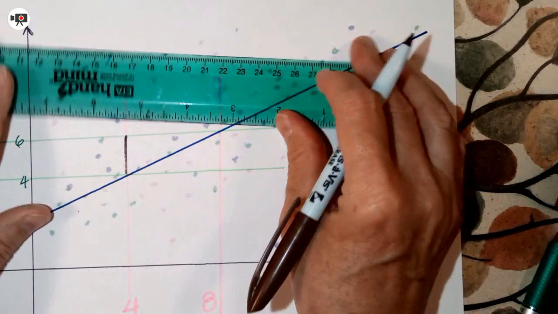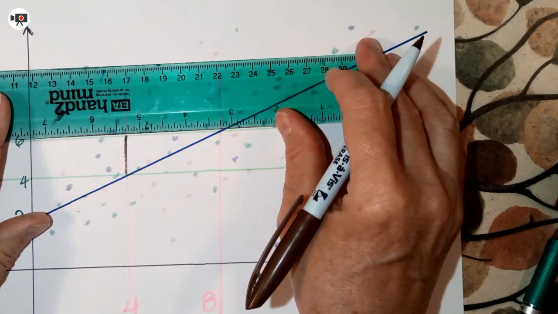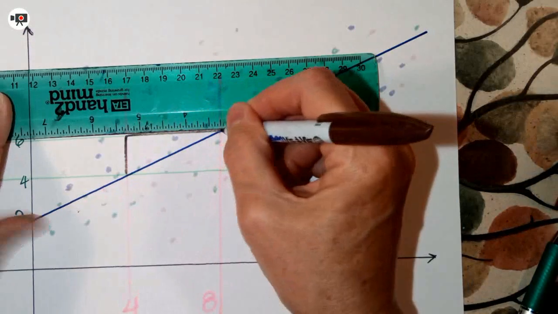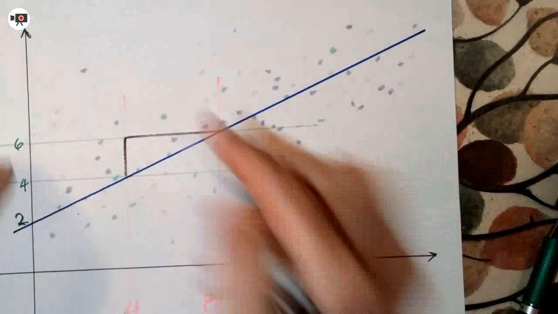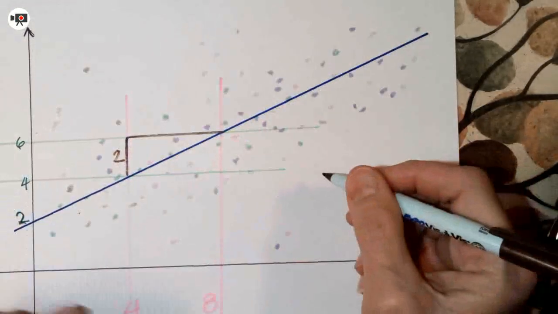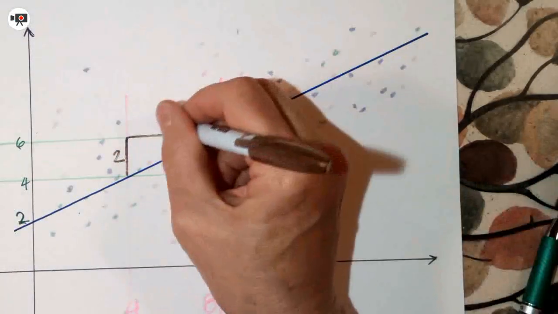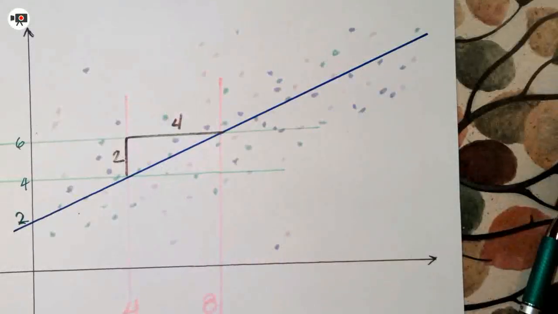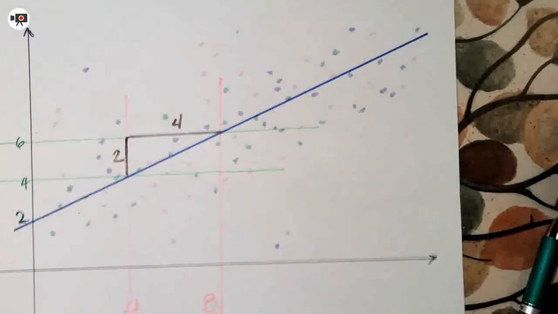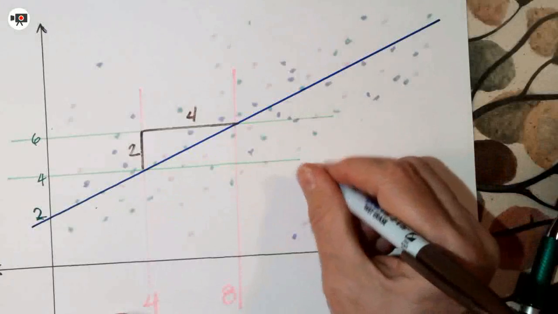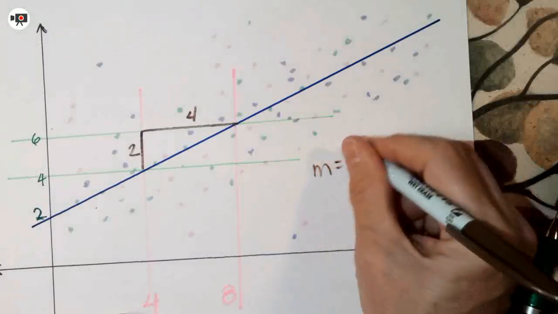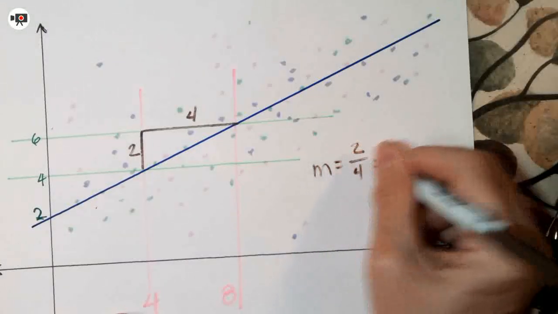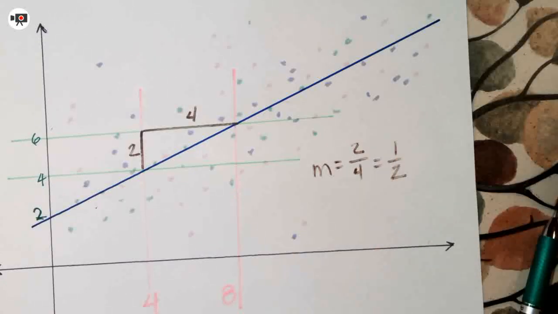So there's rise, and there's run. The rise goes from 4 to 6, which is 2. The run goes from 4 to 8, which is 4. Okay, so the slope of this line is rise of 2 over run of 4, simplified to 1/2.